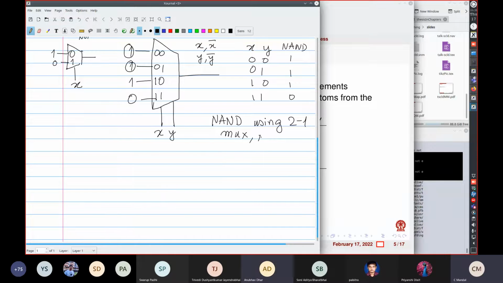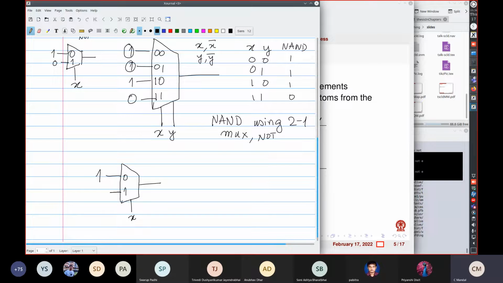Sir, can we use 1 and not y as inputs? Yeah, so let us see. Say you have x here. Whenever x is 0, you know that the output is going to be 1.